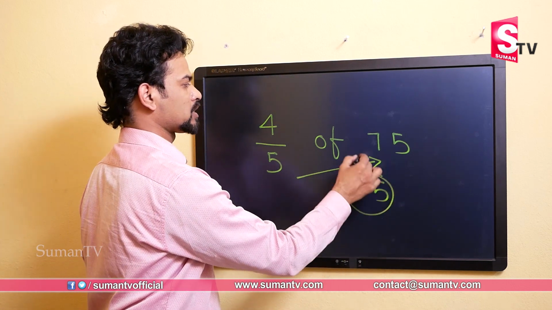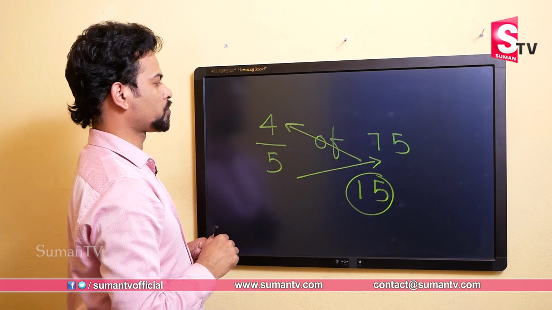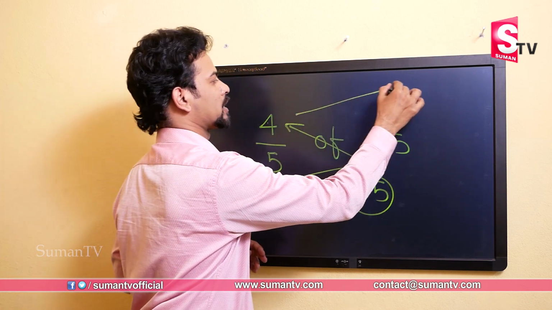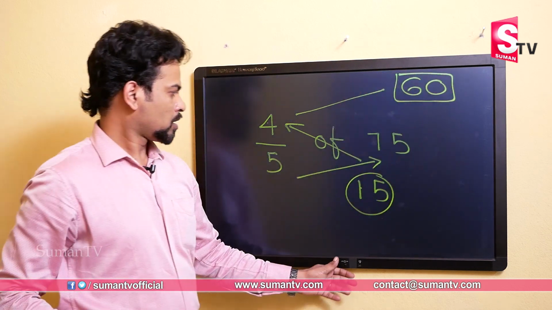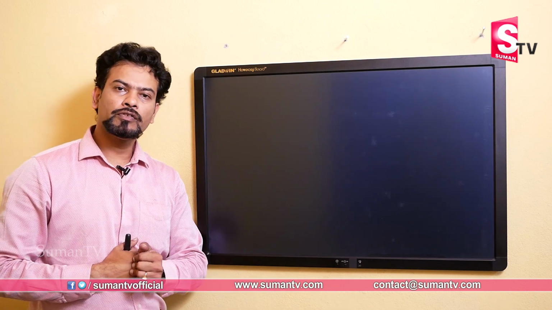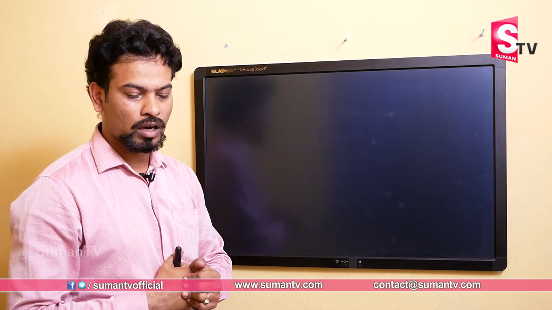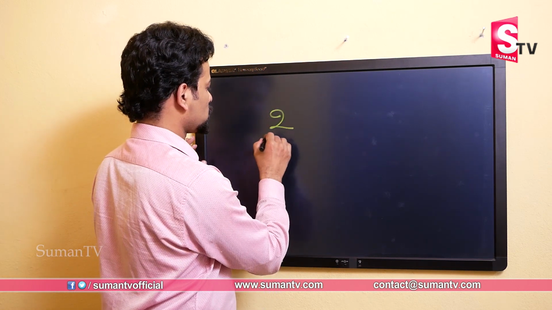So 15 fives are 75. This 15 we will multiply with 4. So 15 into 4, that is 60. Okay, so through this method we can easily find out the fraction of any number. We will do one more for you.